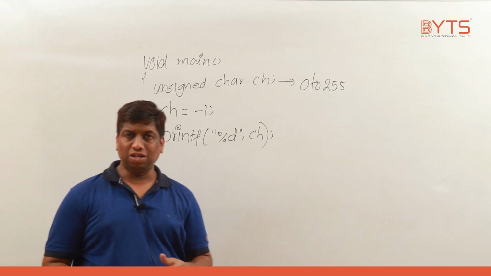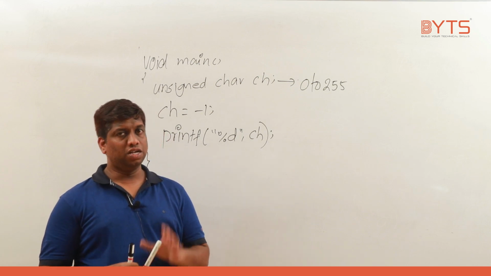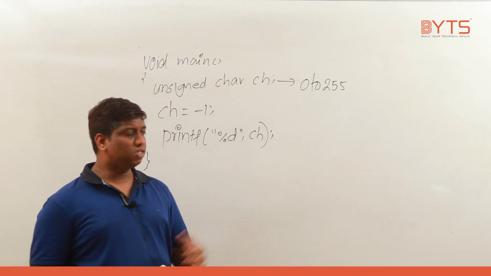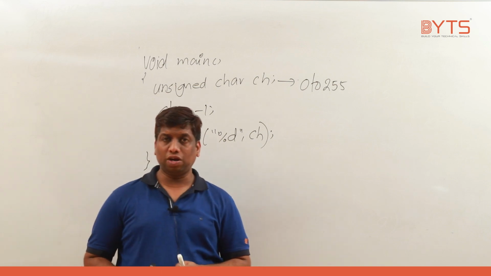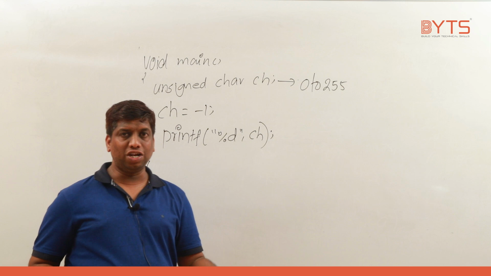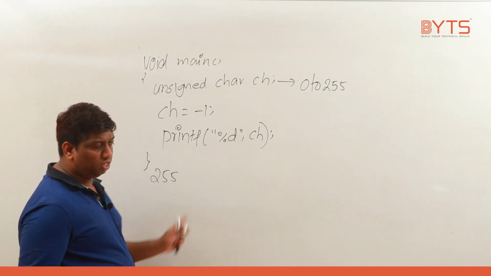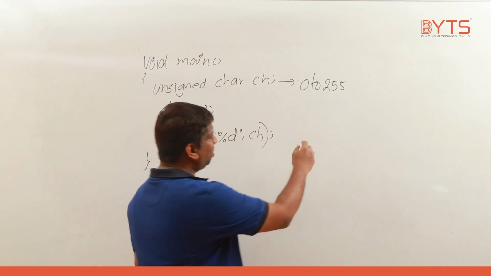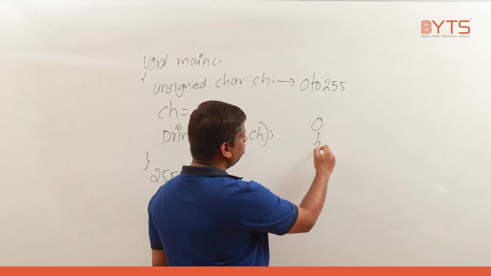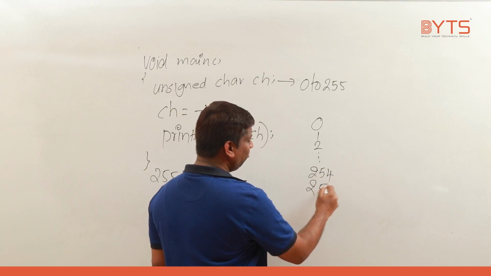When minus 1 is not in the range, we need to go to the butterfly diagram. Already we discussed it, right? That is one way to understand. The second way is, what is the binary value of minus 1? All ones. All ones in unsigned will be the maximum. What is the maximum? 255. Try to see the story here. What is the range we have? 0, 1, 2, up to 254, 255.